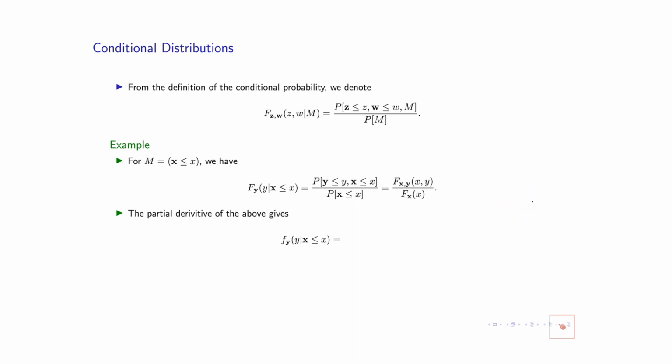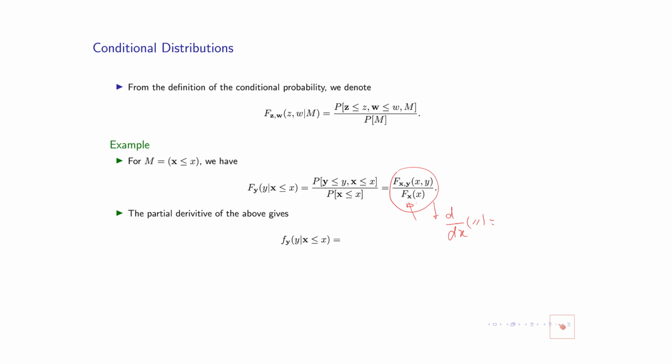So if you take partial derivatives from this equation with respect to y, then you get the conditional PDF of Y, provided that we know X is smaller than or equal x. So if you calculate the derivative, both numerator and denominator of these functions, I have to calculate d/dx of this function, which becomes the derivative of these times these minus derivative of these times these.